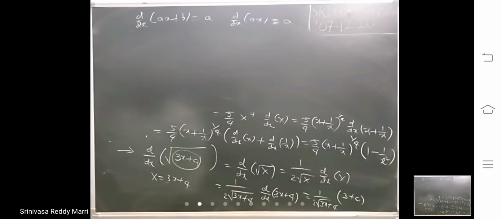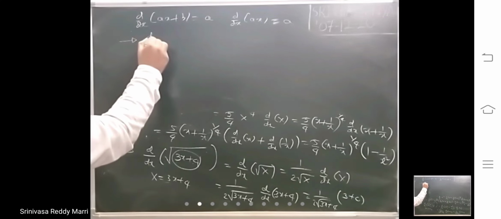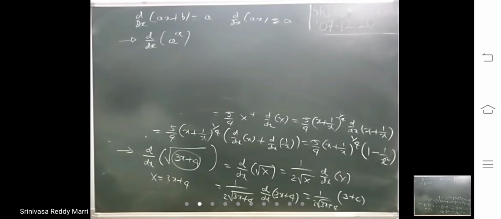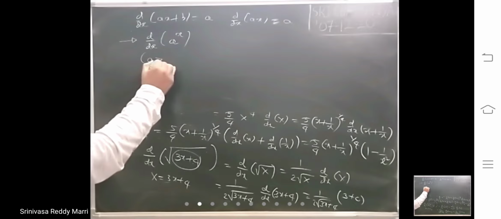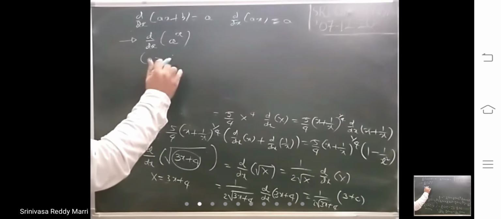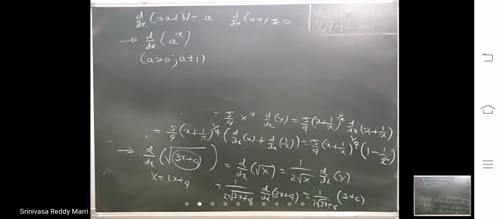That is the first rule, x power n. Next, look at the next. Suppose d by dx of a power x, where a is greater than 0, a not equal to 1.